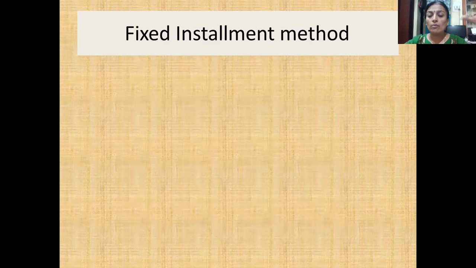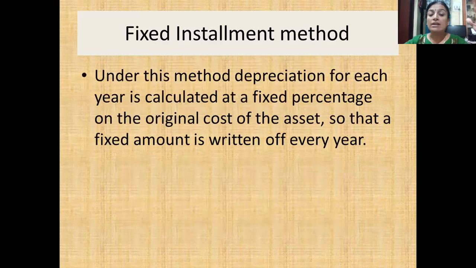Fixed installment method. Under this method of depreciation, each year the depreciation is calculated at a fixed percentage on the original cost of the asset. For example, if you have purchased one asset for rupees 1 lakh, 1 lakh is the original value of the asset, and you are going to depreciate it annually at 10%.